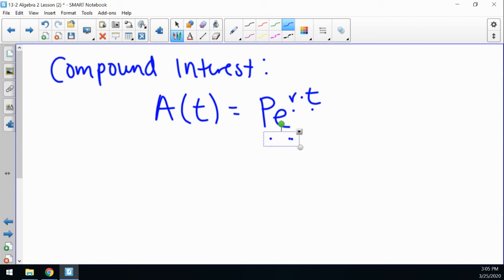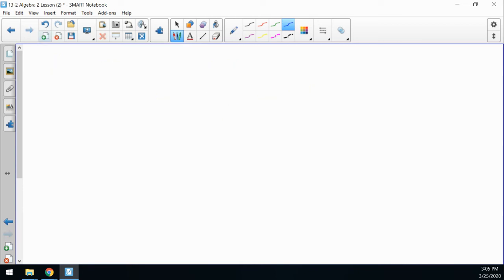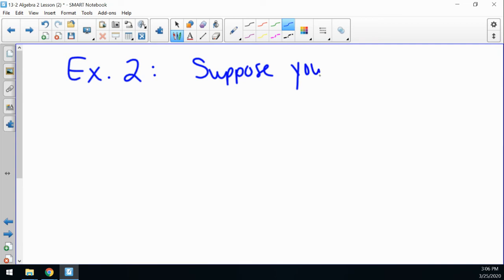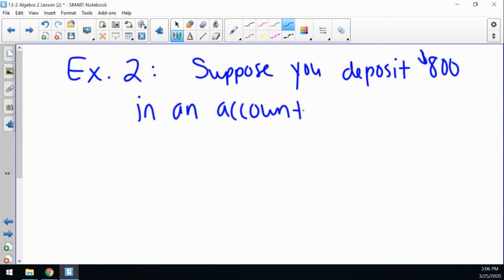Okay, we're just going to look at one more example. Example 2 is this. We're looking for compound interest. It says, suppose you deposit $800 in an account that pays 6.3% interest.